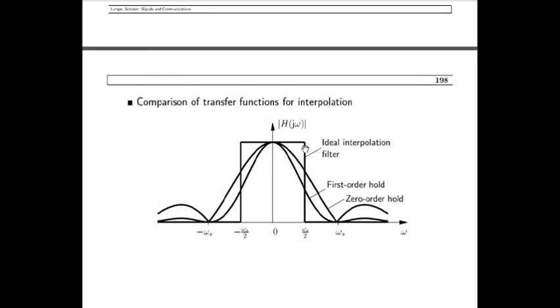The square wave you can see here is the ideal interpolation filter, this one is the first order hold interpolator, and this one is the second order hold interpolator. As you can see, as the order increases, the curve gets smoother and tries to reach ideality, but it will never reach ideality.